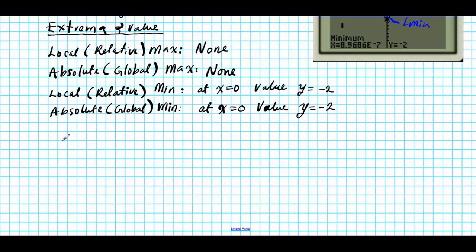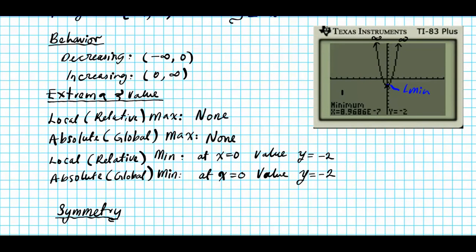All right, now let's take a look at the symmetry of the graph. Is it odd or even? So if you take the graph and you split it down the center, what do you notice? You have a mirror image. The right side is a mirror image of the left side. Okay, so symmetry about the y-axis means that the graph is even.